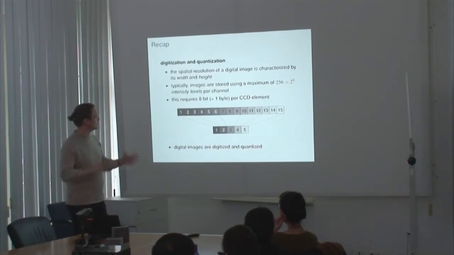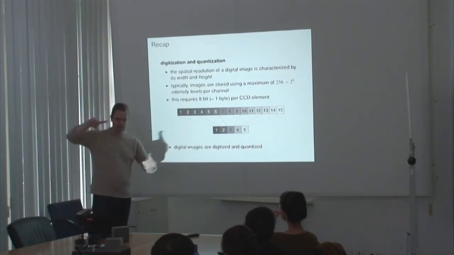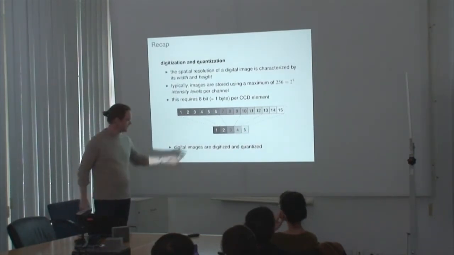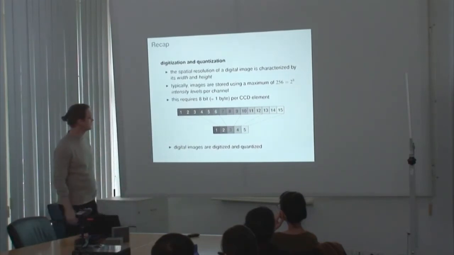And from now on, I may use the terms intensity levels and gray value levels synonymously, so don't be alarmed. And because, once again, the domain is quantized and the range is quantized, digital images are digitized and quantized.